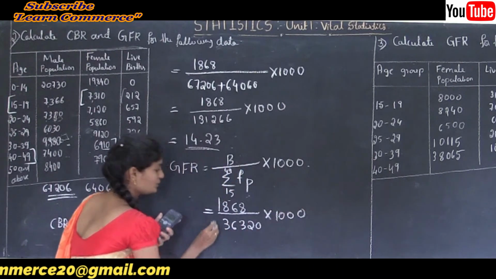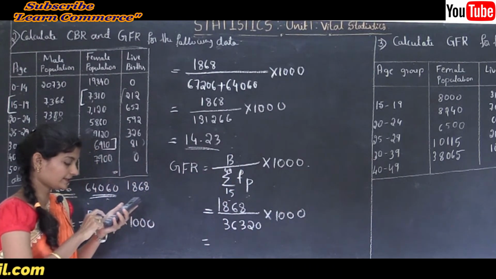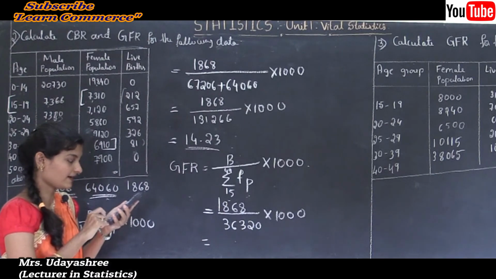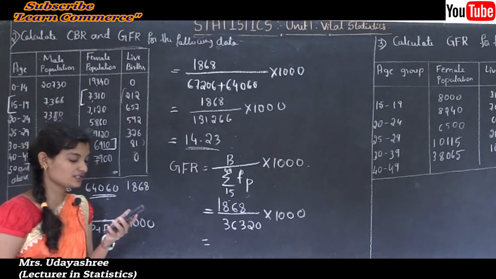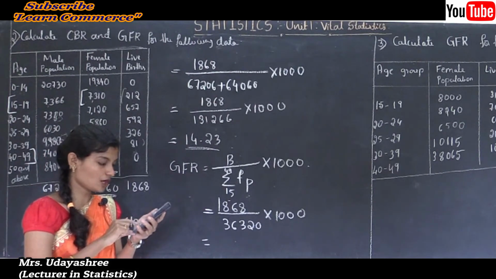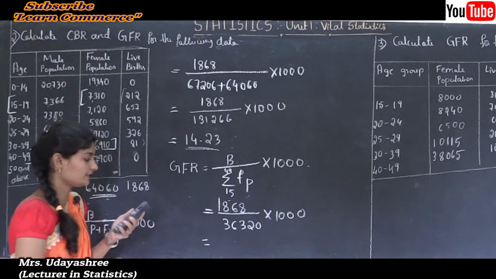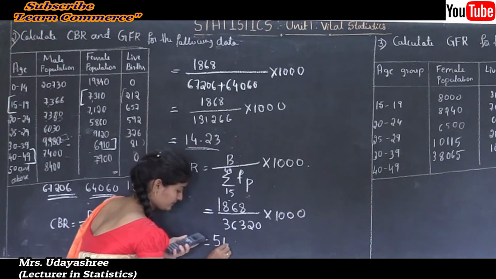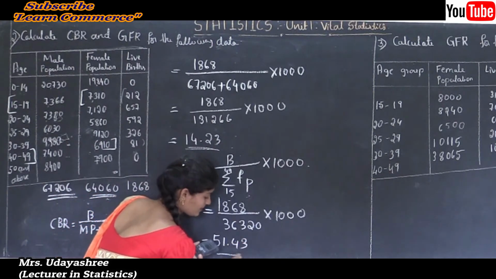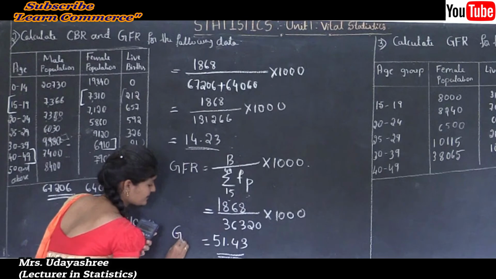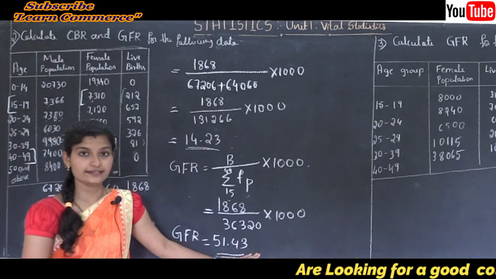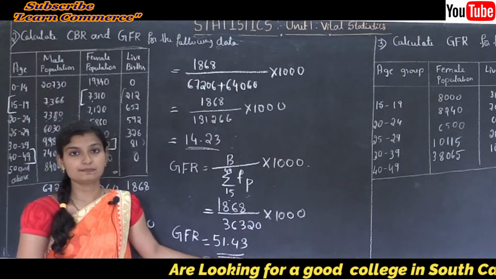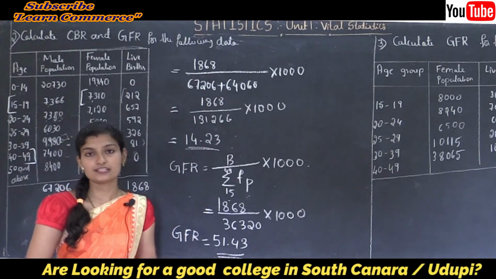This is equal to 1,868 divided by 36,320, that is 0.051, into 1000, that is 51.43. So it means here GFR is equal to 51.43. So we can say it as 51 births per 1000 women of childbearing age.